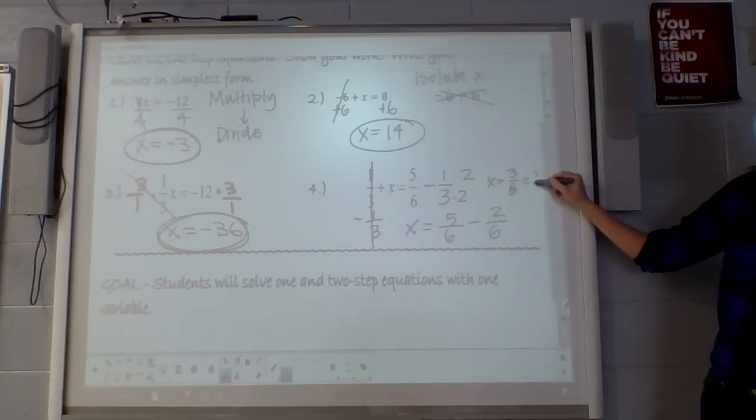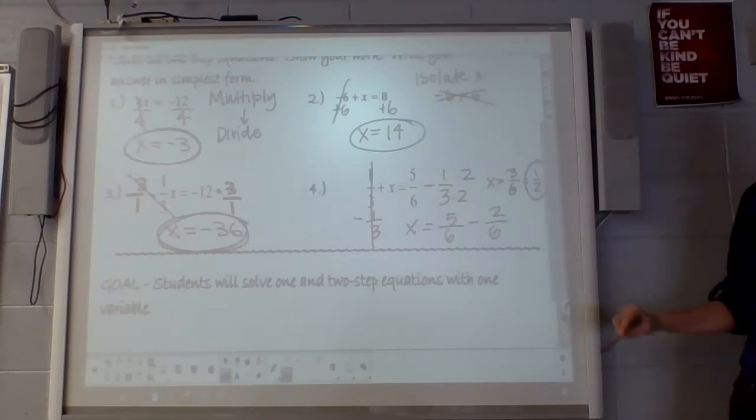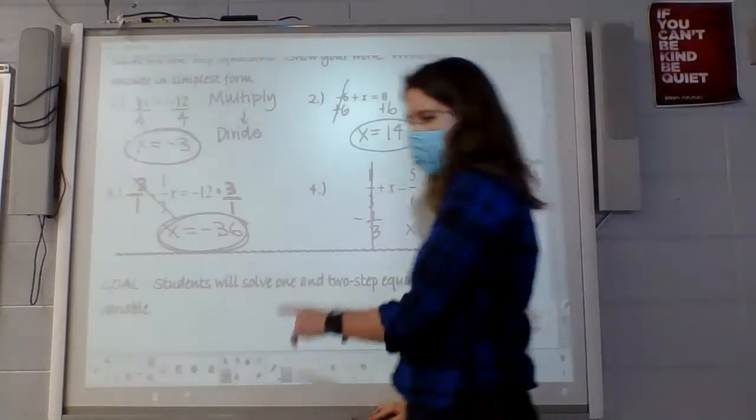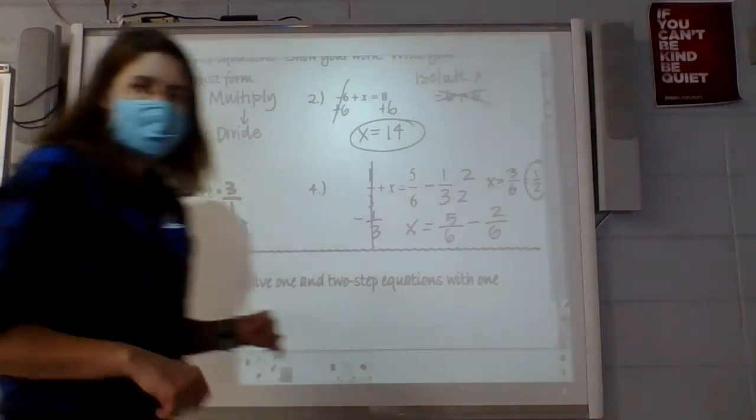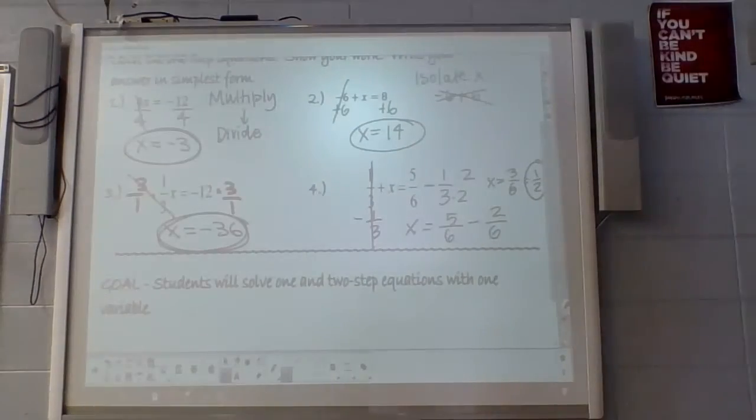And then I can simplify that to be a half. And so that's the x value that's going to work in this problem. Questions there? So those are kind of the gist of the one-step problems.